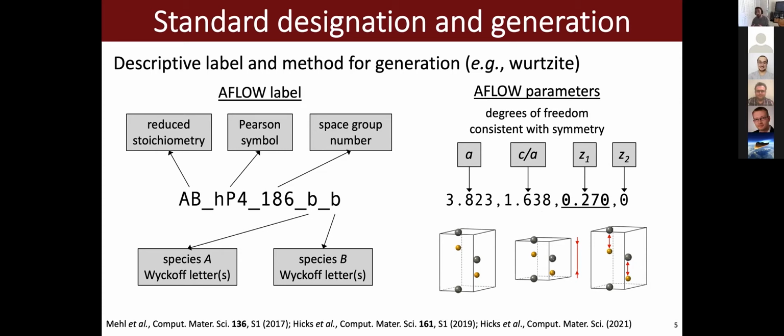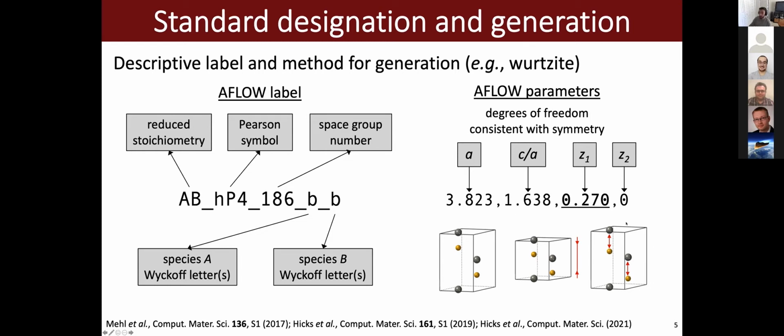This is nice because these changes don't alter the underlying symmetry. Even if you change these degrees of freedom, you're still creating a structure consistent with this label and thus the symmetry. So this is a very powerful prototyping tool, because it is the mechanism we use to create these geometry files.